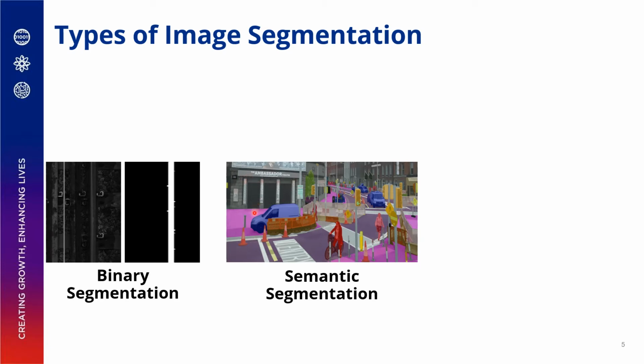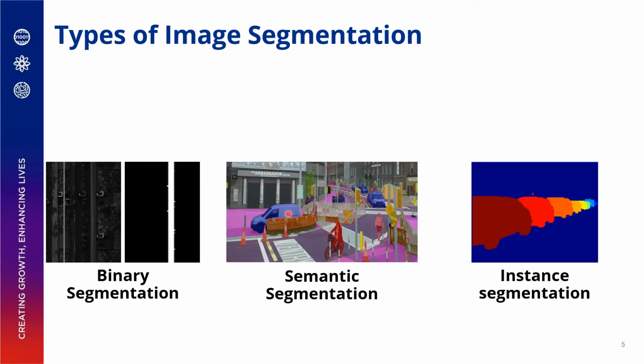But if you identify something as quote unquote foreground, you also need to figure out what class that particular pixel belongs to. Is it pedestrian, cyclist, buildings, road, cars, and so on. And in the case of semantic segmentation, all the cars will be labeled with the same label.